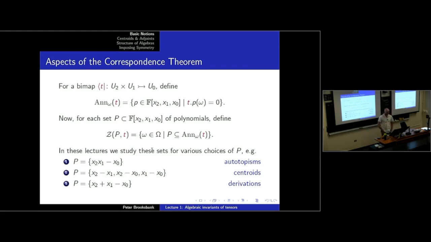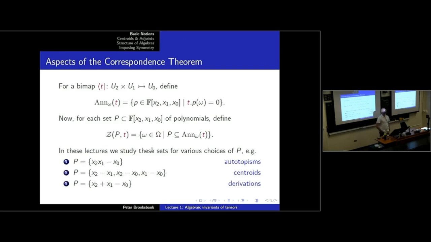And James noted this particular set, which is called ZPT yesterday, of all of the operators for which the set of polynomials lies inside that annihilator.